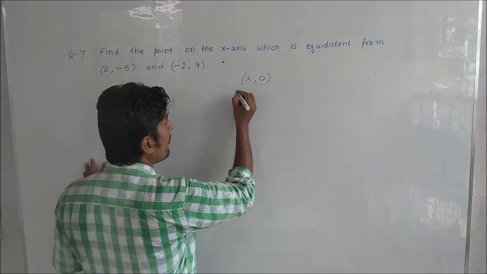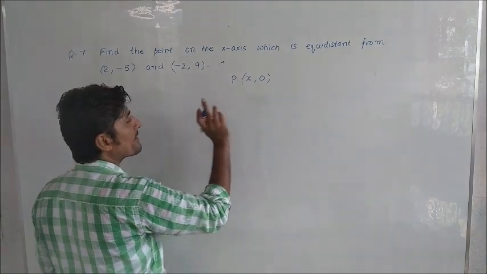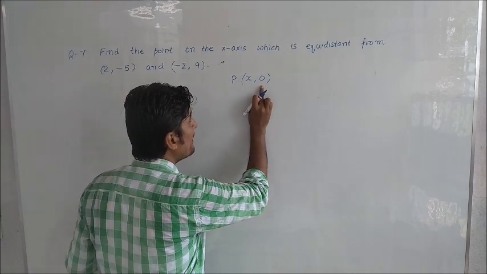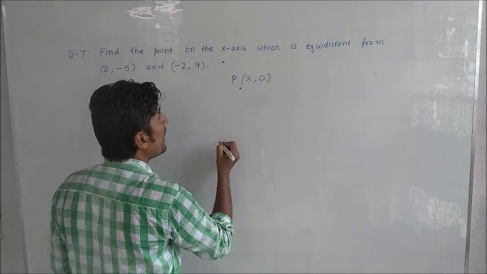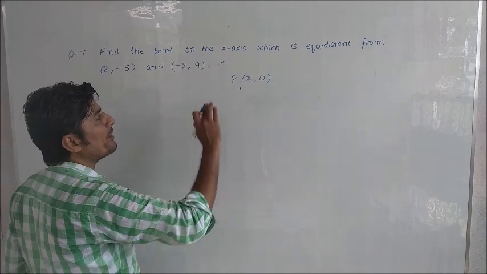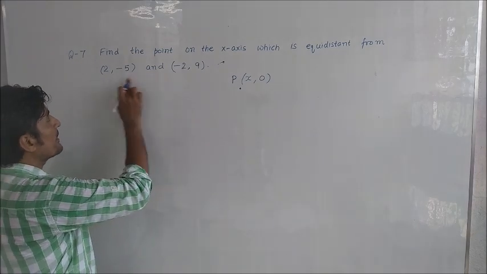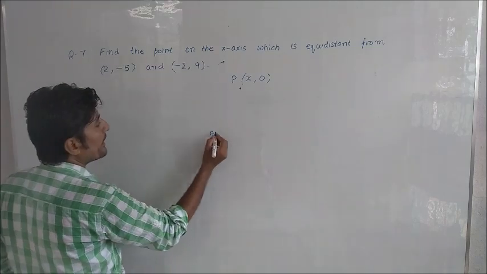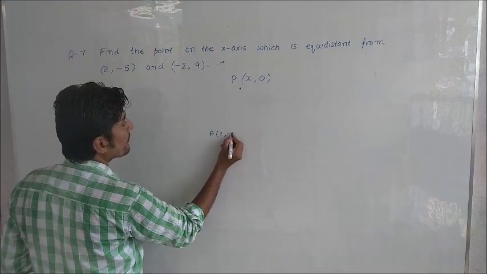Suppose we are having a point P which is existing on the x-axis, whose coordinate is (x, 0). Now, this point P is equidistant from two different points. Suppose the name of the first point is A, whose coordinate is given (2, minus 5).